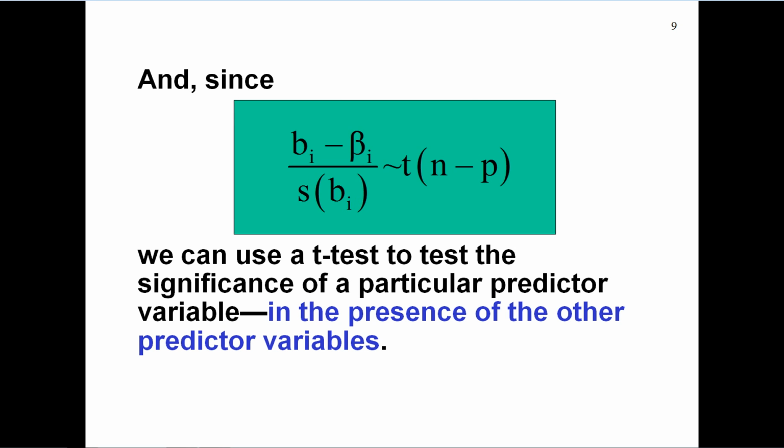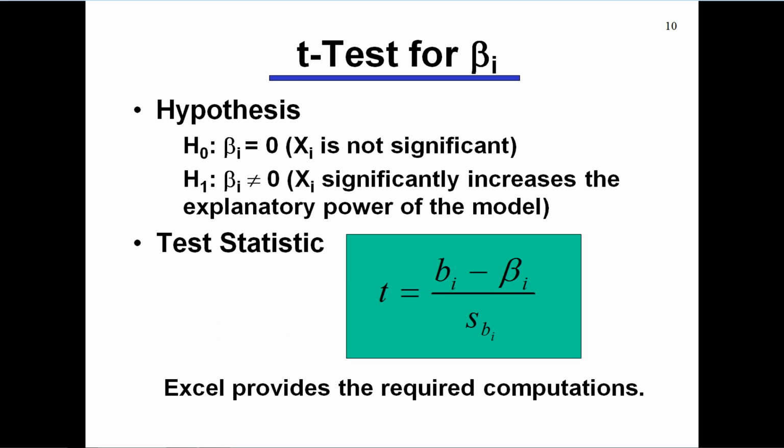We can use this test statistic to test the significance of a particular predictor variable in the presence of the other predictor variables that are in our model. That is, we could test the hypothesis that beta sub i is equal to 0 versus beta sub i is not equal to 0.